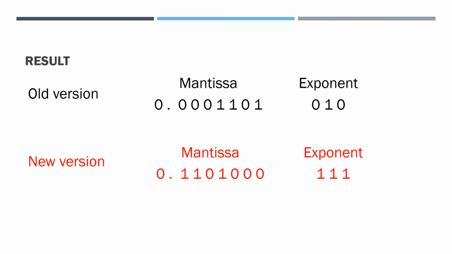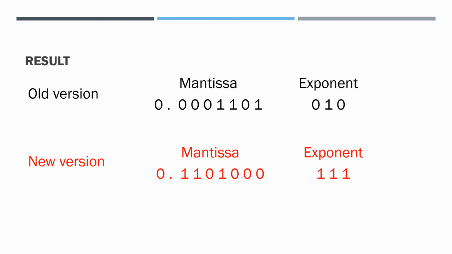That's an unnormalized mantissa exponent pair and then the normalized version. And if you turned both of those into a fixed point number, they'd both turn into the same fixed point number. And if you look here on the red version, the normalized version, you've got spare zeros at the end rather than at the start.